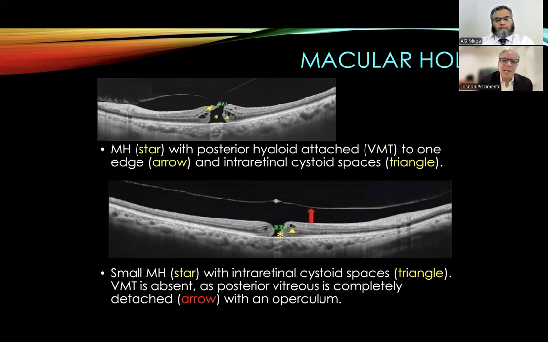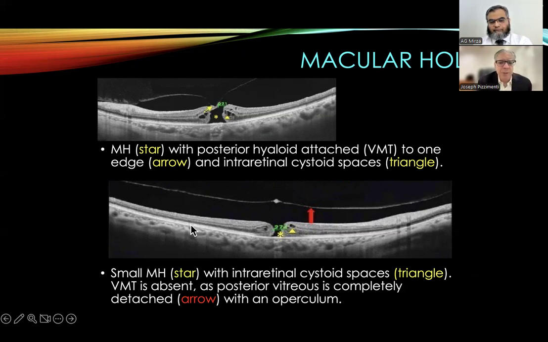So OCT has really validated all the work that was done by Dr. Gass, one of the fathers of macular disease in the United States. And amazing, he was able to come up with his grading system without OCT. But the OCT has really caused us to make more informed referrals to retina specialists for vitrectomy surgeries.